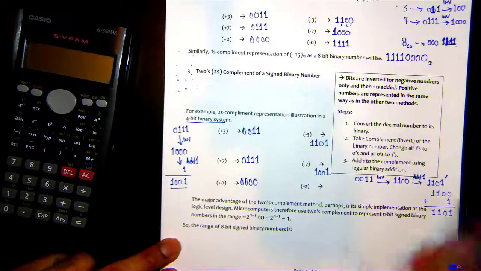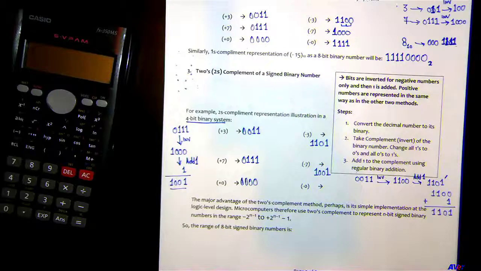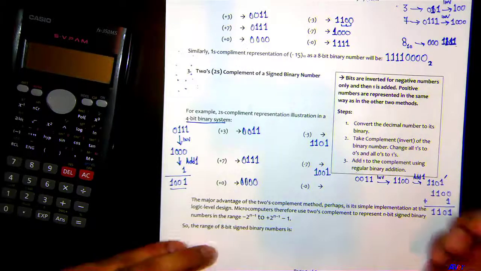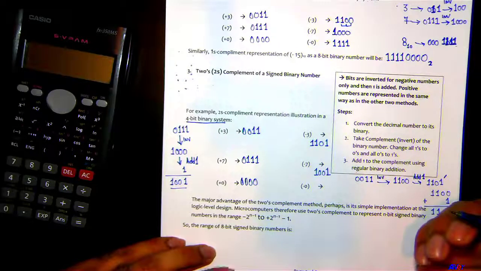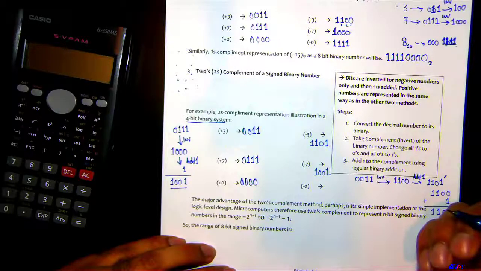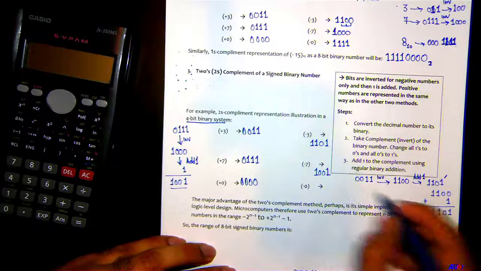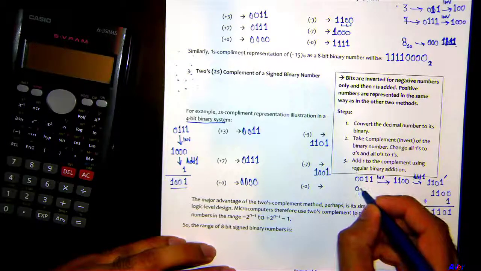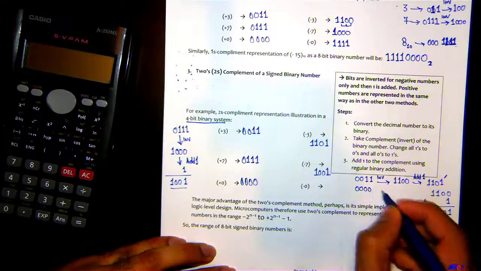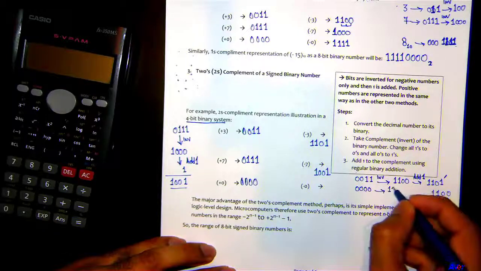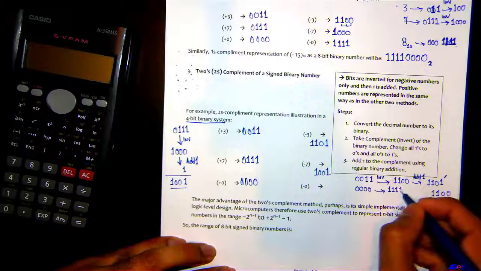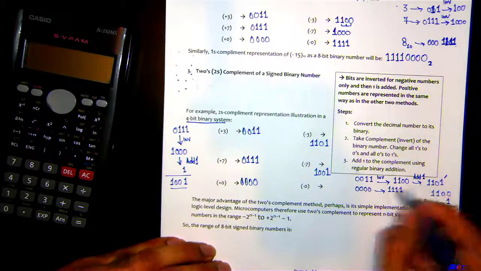What about negative 0? What would be the code for that? Anybody tell me real quick? So what is the 4-bit code again? 0000. Invert the bits, you get 1111, right? And you add 1 to it.